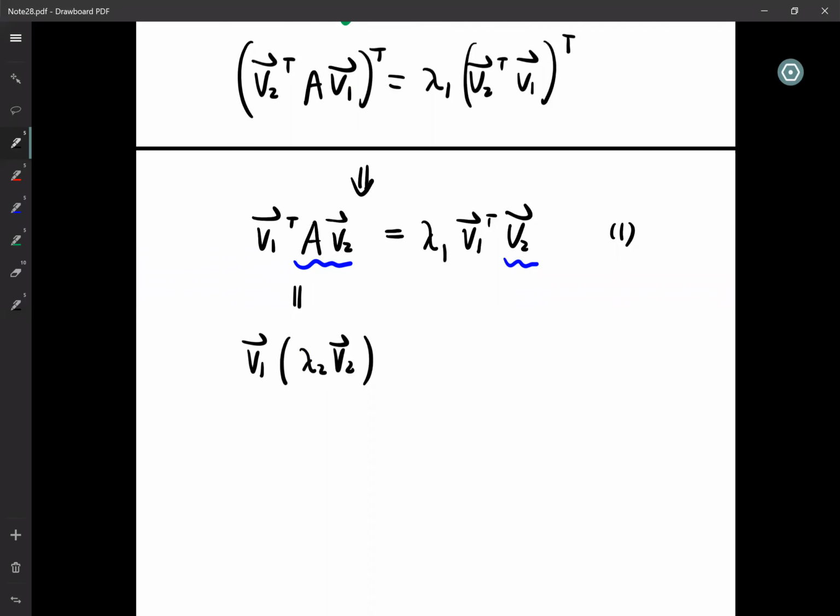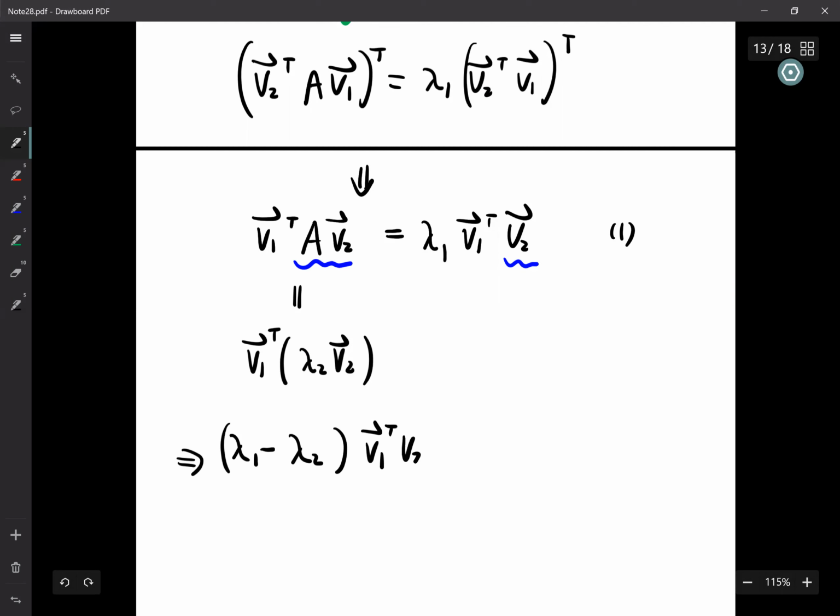So if we compare this part with this part, what do we get? We get lambda 1 minus lambda 2 times V1 transpose V2 equals 0.